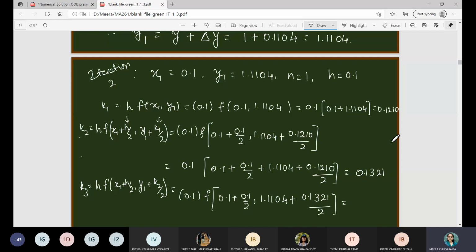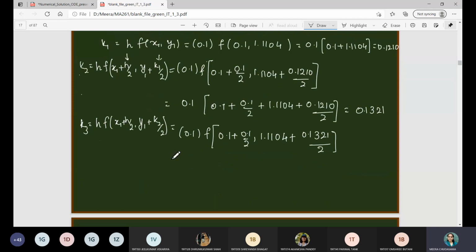So this is 0.1 into 0.1 plus 0.1 by 2 plus 1.1104 plus 0.1321 by 2.